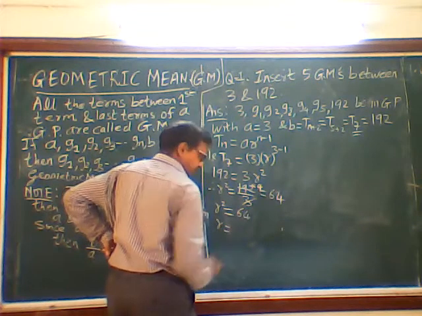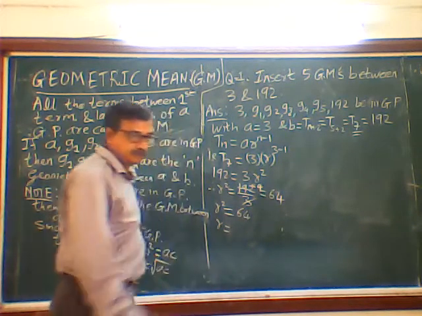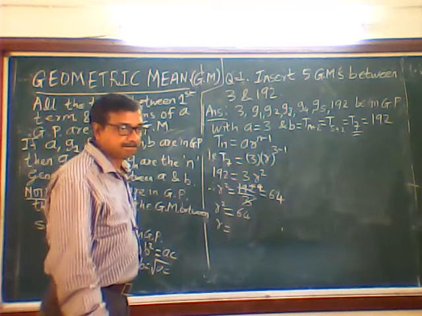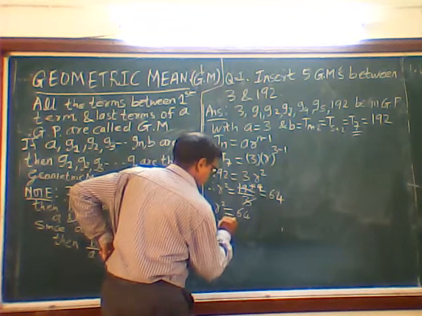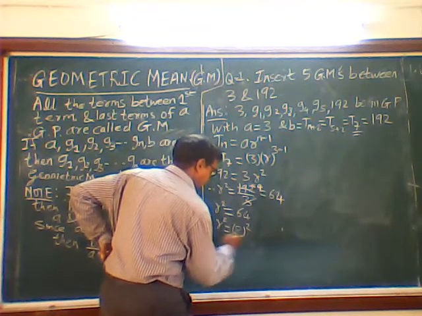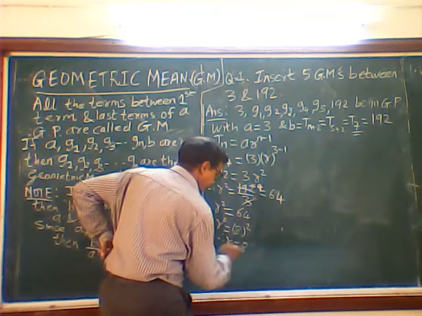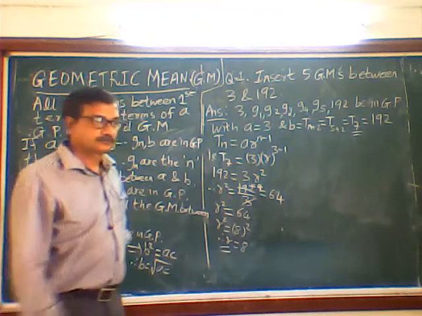R is what? 64 is 8 squared, therefore R is equal to 8. Got it?